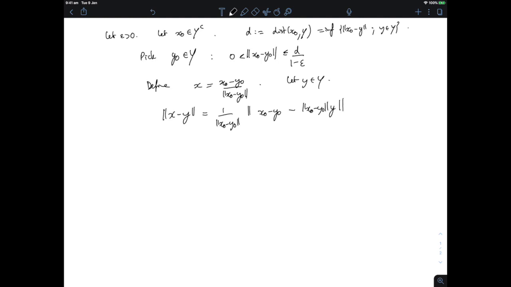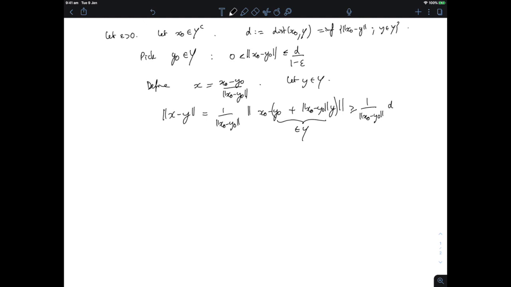But now the point is that this here is certainly an element of Y, because Y is a subspace. So x0 minus this particular element is something that's going to have to be greater than the distance from x0 to Y. So this is 1 upon the norm of x0 minus y0 times the distance between x0 and Y, which I've denoted by d.